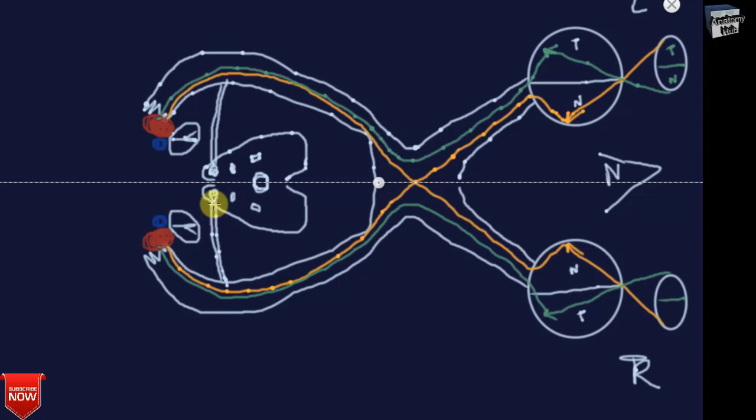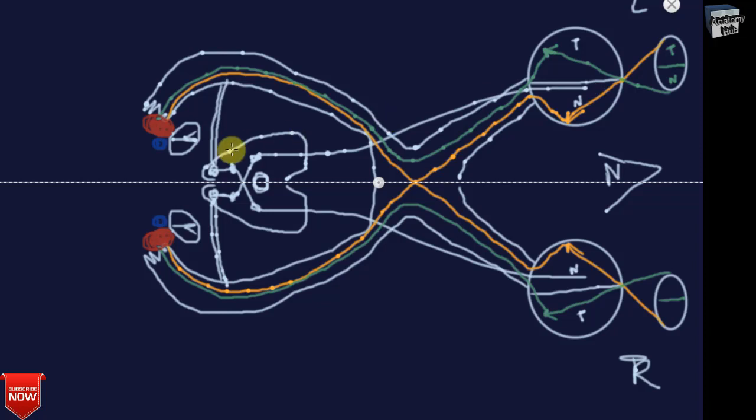These nerve fibers will relay at the superior colliculus, and from there they will go towards the pretectal nucleus, and from the pretectal nucleus they will go to the opposite side to the Edinger-Westphal nucleus, and from there they will go forward towards the ciliary muscles and the constrictor pupillae muscles.